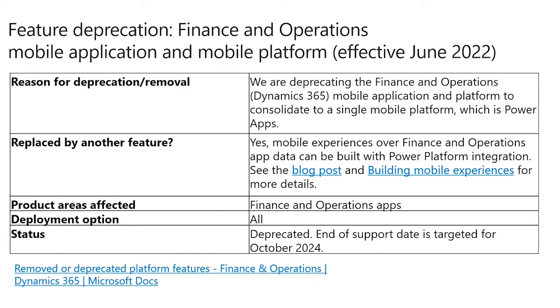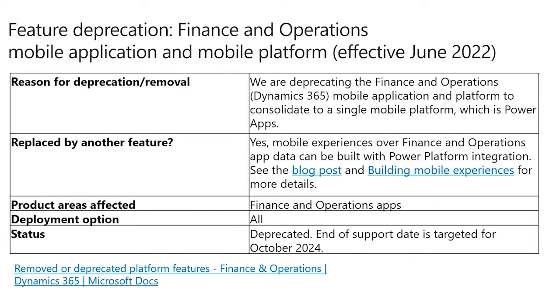So we're taking the mobile applications and mobile workspaces out eventually, and they're being replaced with Power Apps. That gives us a single mobile platform instead of having separate mobile platforms.